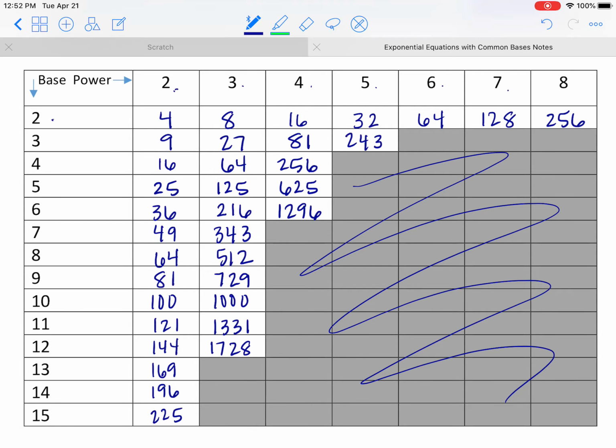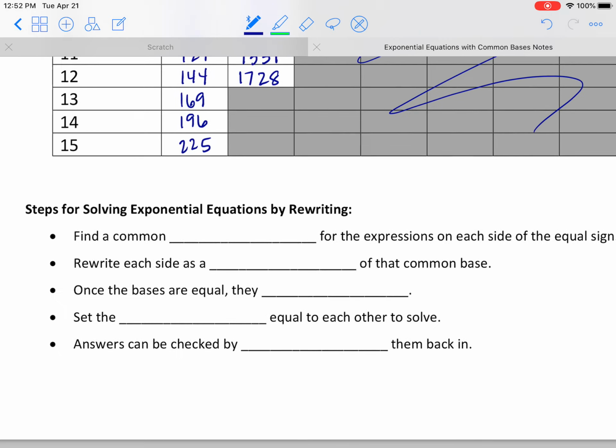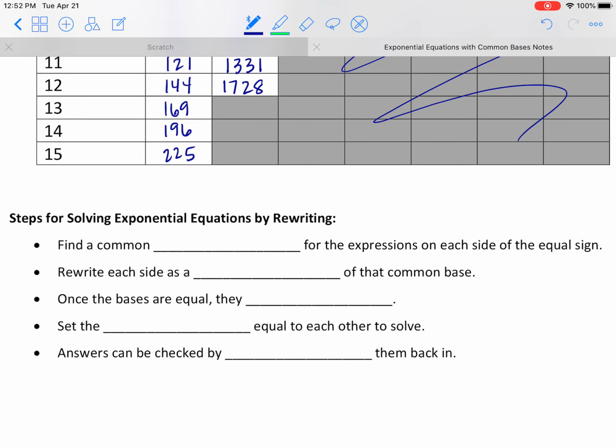Now, it's possible that you see something that doesn't occur in this table, but I think the majority of the problems that we're going to encounter can be handled with one of these numbers, so hopefully this will come in handy.